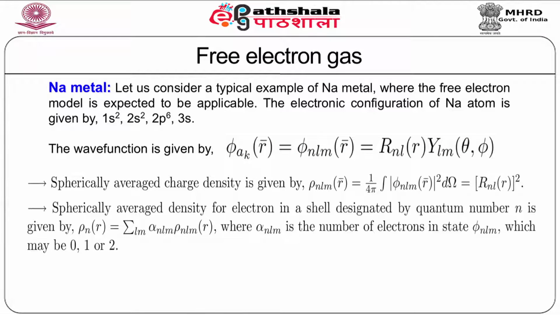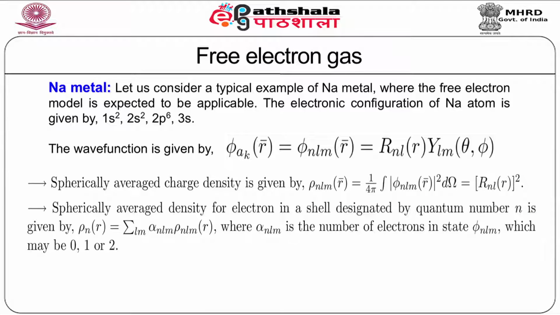Now the spherically averaged charge density rho_nlm, taking into account spherical symmetry, is integrated over the spherical part d omega of the modulus square of phi_nlm, a function of r vector, times 1 over 4 pi. That is nothing but R_nl square, the radial part squared.